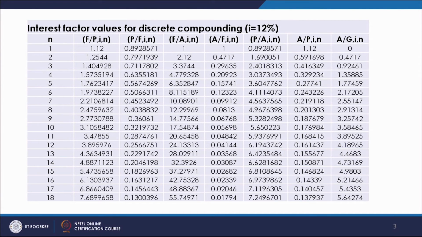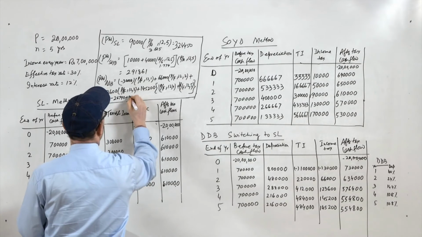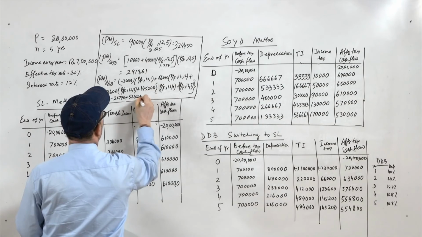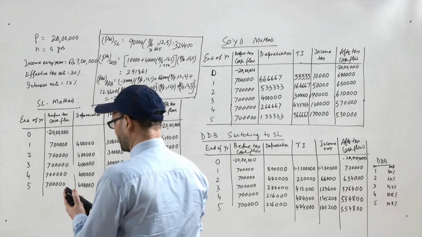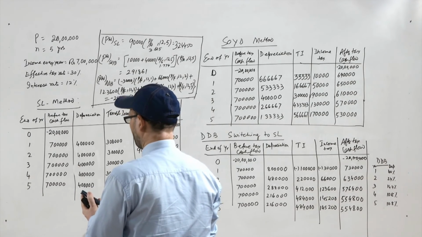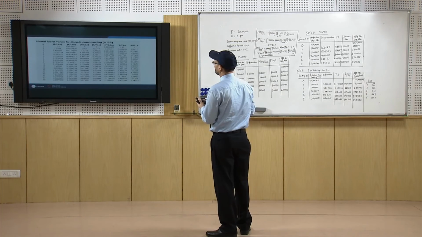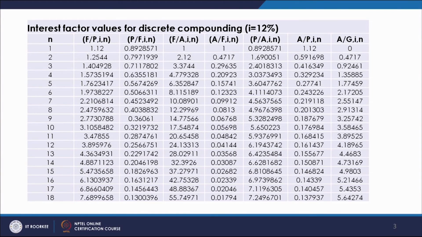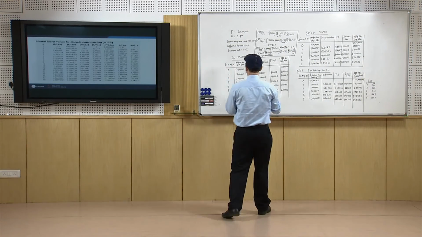So, 30,000 multiplied by 0.893, 26,790, plus 66,000 multiplied by P by F 12,2, that is 0.797, that is 52,602, plus 123,600 multiplied by P by F 12,3, 0.7712, that is 88,003.